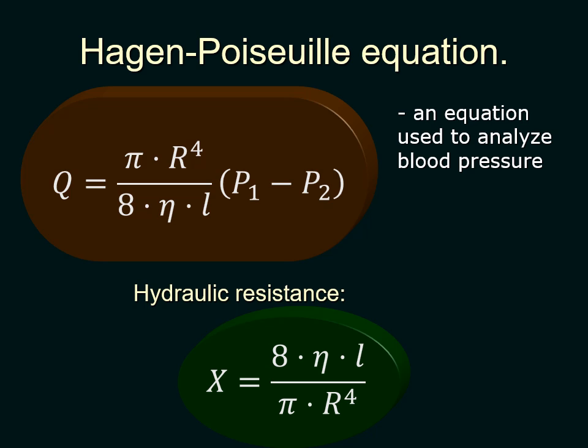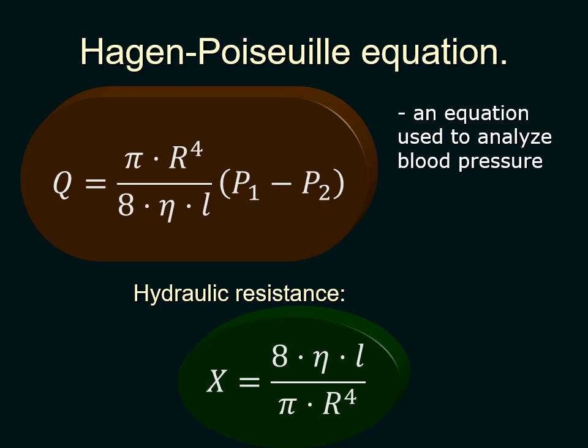And now we are moving on to the second block of parameters characterizing hemodynamics. This is pressure. Blood pressure, in particular, can be described using the Hagen-Poiseuille equation.